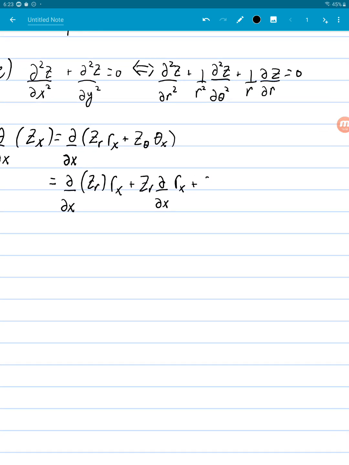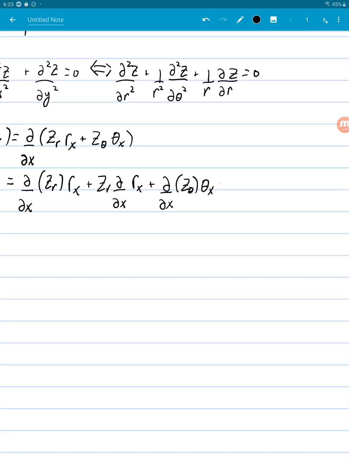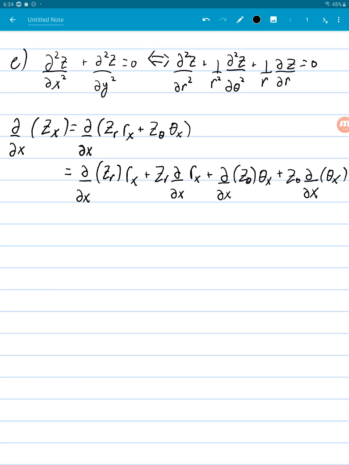Then we'll have the partial derivative with respect to x of z theta times theta x plus z theta times the partial derivative with respect to x of theta x.